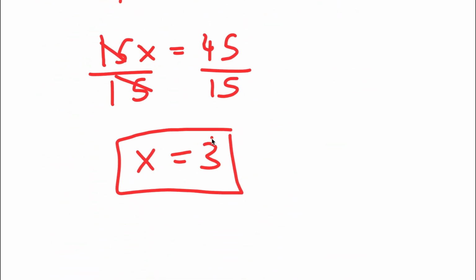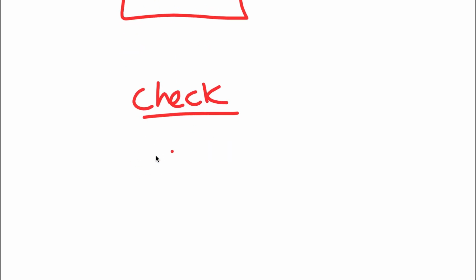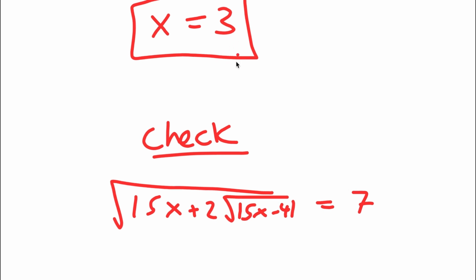However, we have to check them because it's likely that one of them won't actually work out. To check, I have the square root of 15x plus 2 times the square root of 15x minus 41 is equal to 7. Let's first check 3.